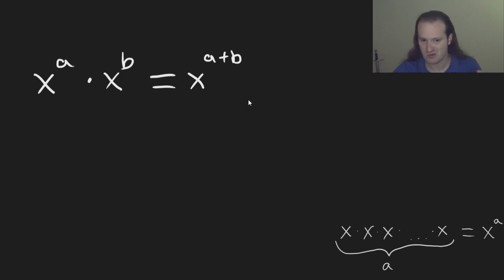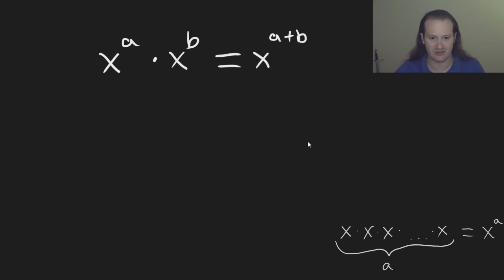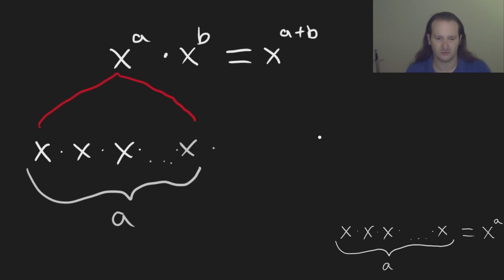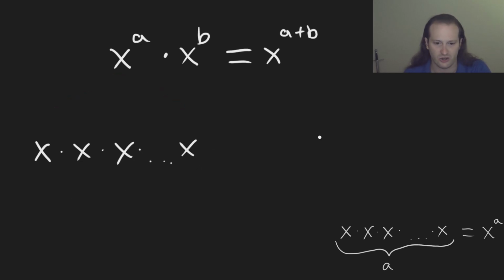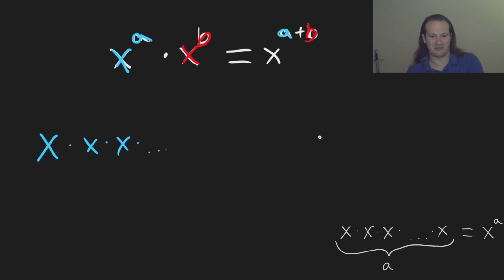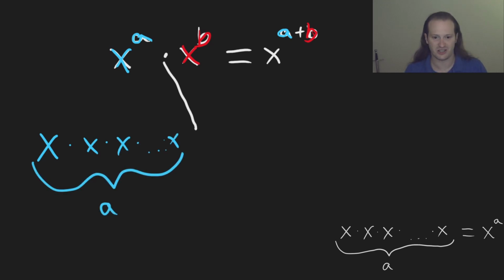Let's prove this real quick. I do think the definition isn't going to be too helpful, other than I'm going to copy and paste it. So if we have a bunch of x's multiplied together, you know what? I'm just going to completely color code this. I have the colors. I'm going to use it. So let's multiply this x by itself this amount of times. Then this multiplication gets carried down to connect these two terms.